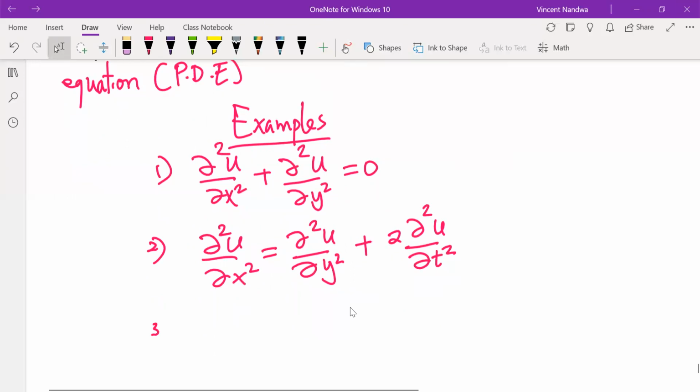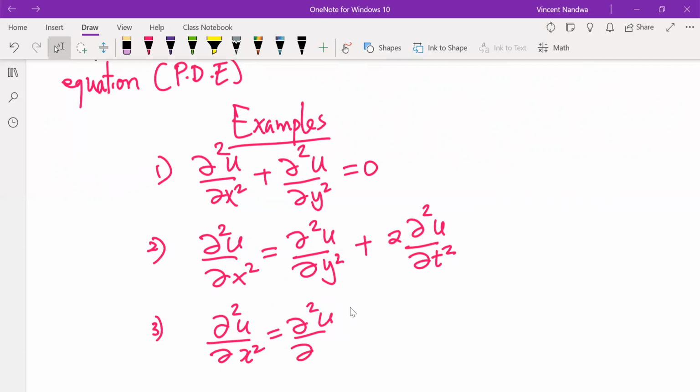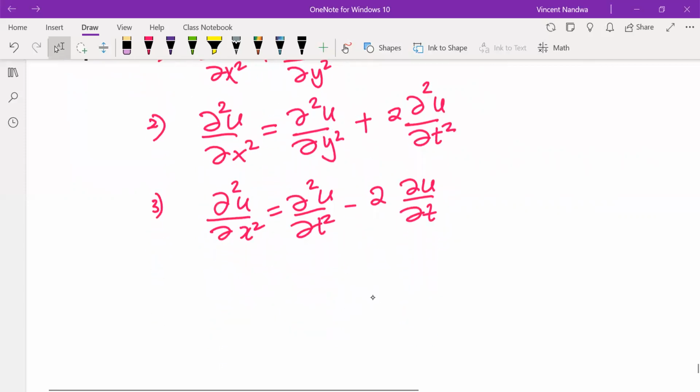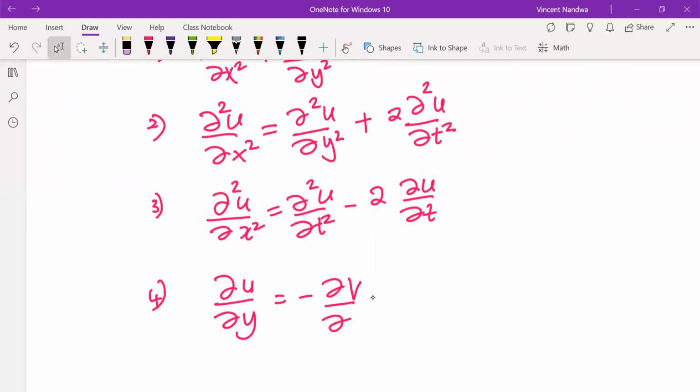And then number 3, partial squared u/partial x squared equals partial squared u/partial t squared minus 2 partial u/partial t. Number 4, partial u/partial y equals negative partial v/partial x.